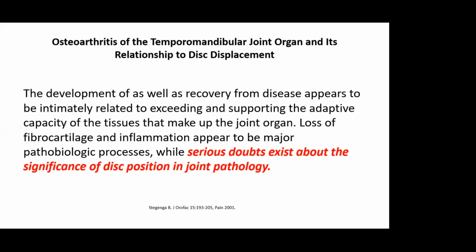So my feeling is that disc displacement is the result of the synovitis that develops in the joint in the early stages of osteoarthritic disease, and that the disc displaces because of the effect of these cytokines on the elastic tissue in the posterior attachment.